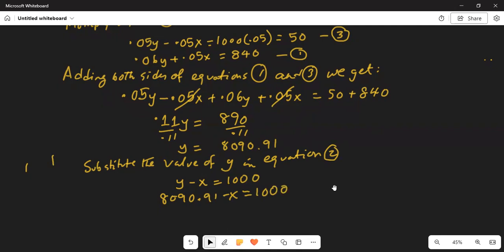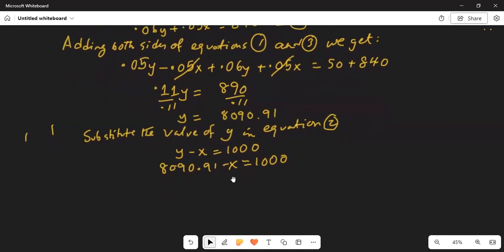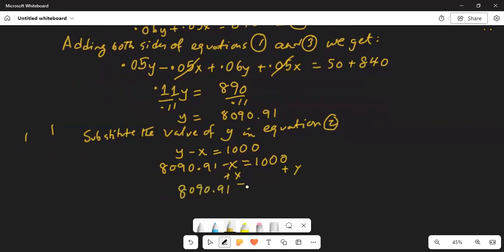Now, in order to solve this equation, I will add x on both sides first. So I have 8090.91 is equal to 1000 plus x. And then I subtract 1000 on both sides.